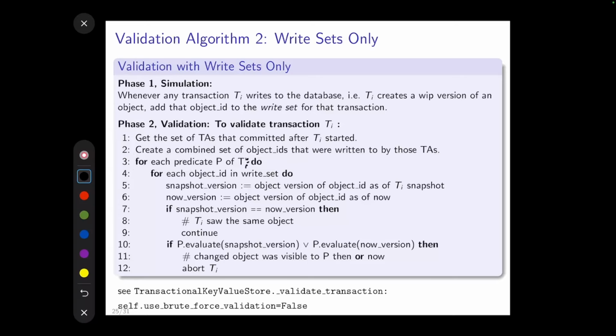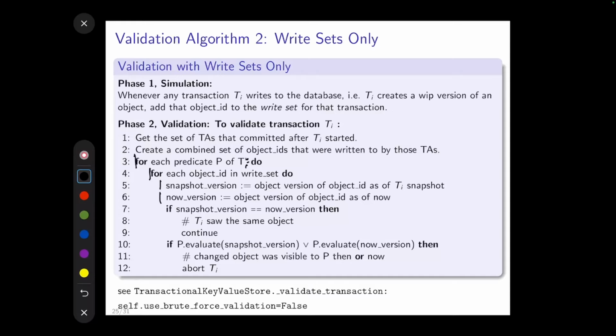Now for each predicate I ever used in TI, and then for each object ID I see in the write set of the other transactions that committed after TI, I get these two versions. I get the snapshot version TI saw, and I get the now version. That is the object I am now seeing in the committed list, the last entry in the committed list.